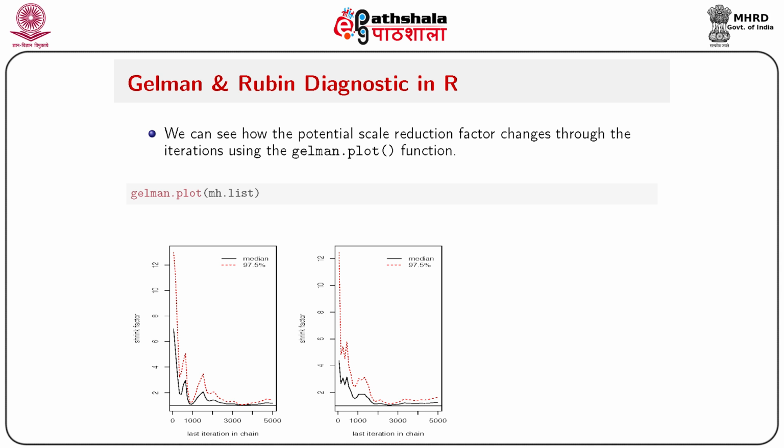So seeing this plot, we can easily identify where the scale reduction factor is going down to 1.2 or 1.1. So you can set your sample size there. That would be the chain size that you need to generate.